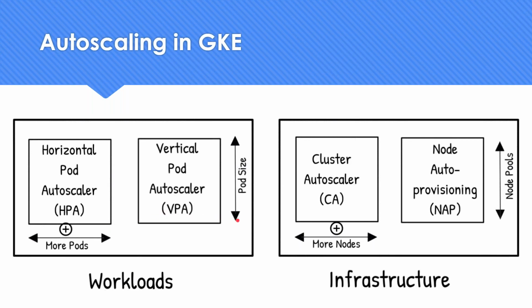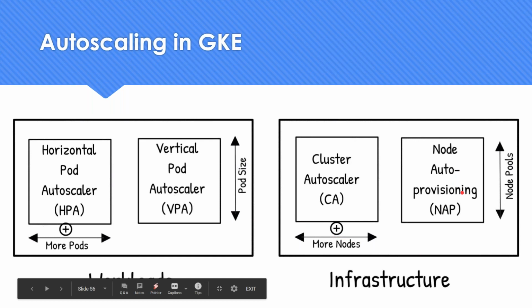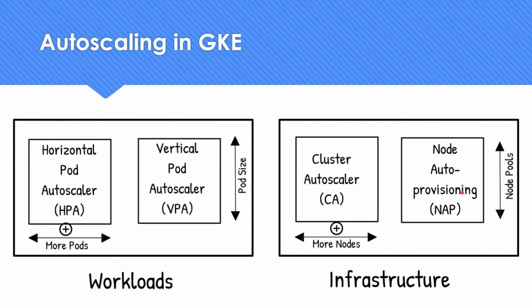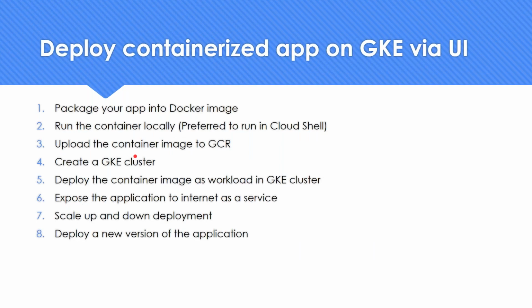When it comes to the infra part, you add more nodes to the current node pool. But if you want to increase the number of node pools, you are going to use node auto provisioning. So one is at the workload level, one is at the infra level. Because you asked the question, I answered it before I wanted to show the slide. Now let's go back and do the remaining part, steps 5, 6, 7, and 8.